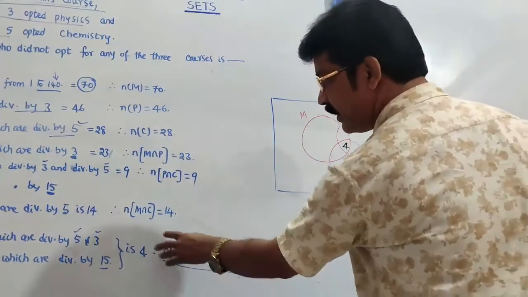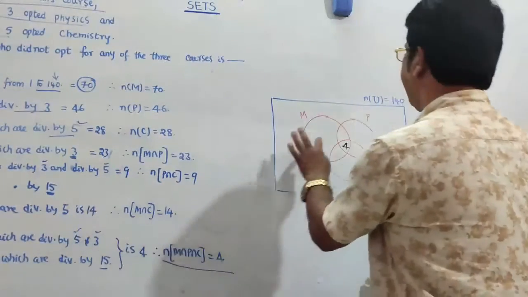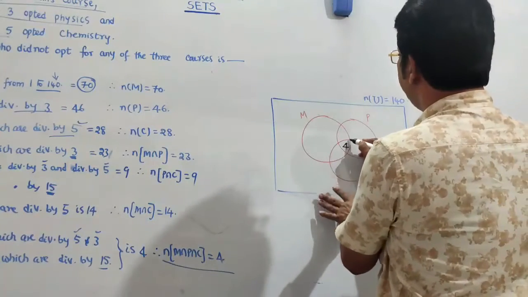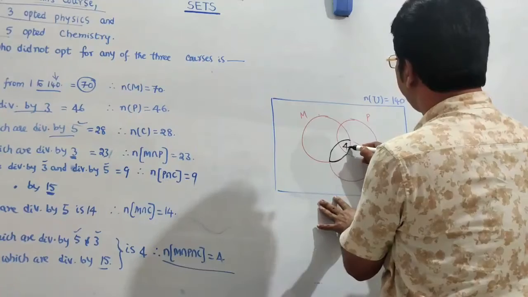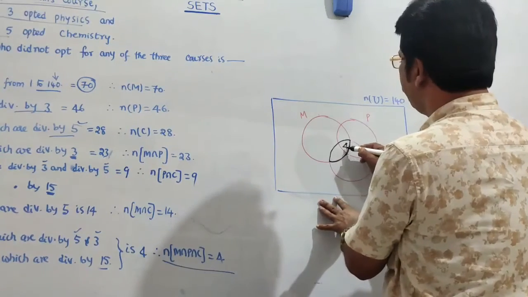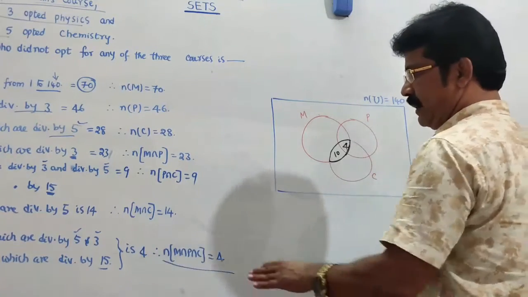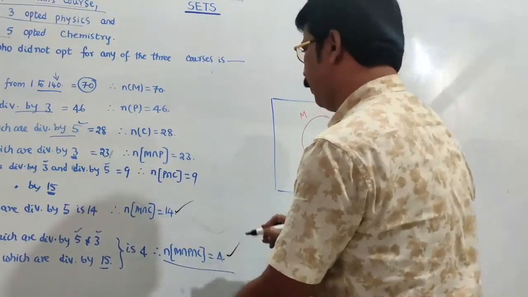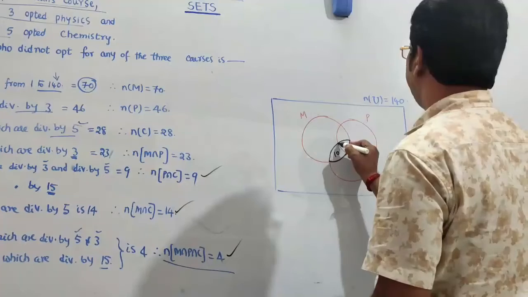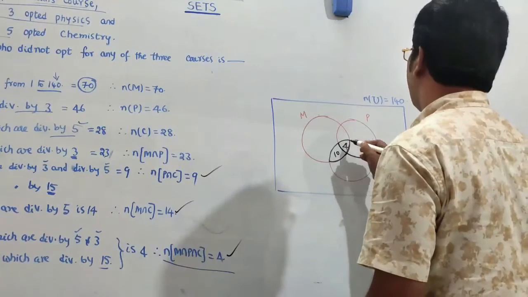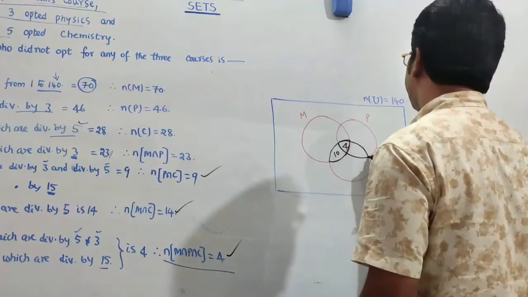Next, MC is 14. M intersection C means this area is 14. Already 4 is filled, therefore it is 10. This is over. PC is 9. PC means this area, which is 9.